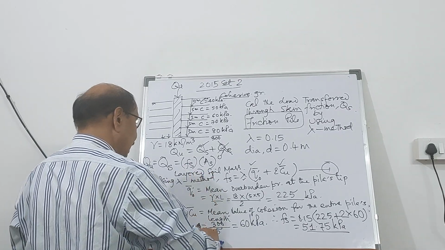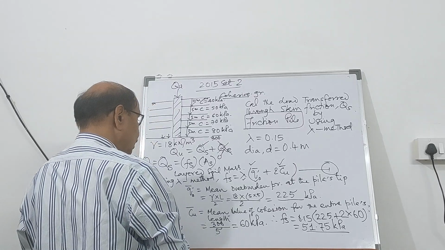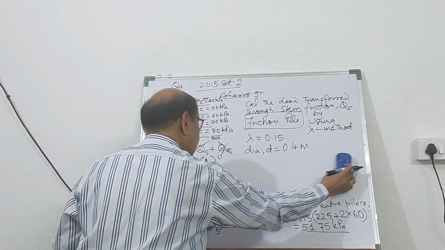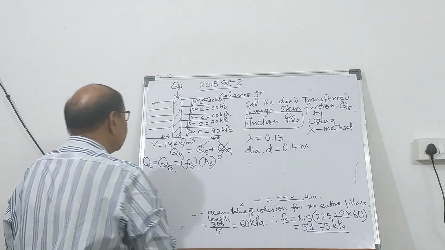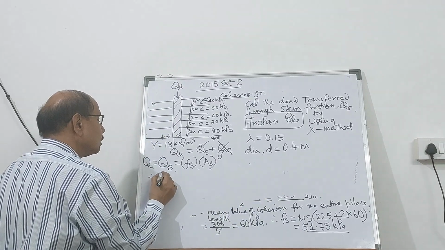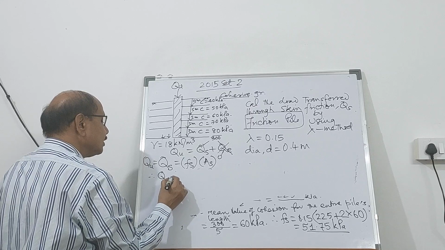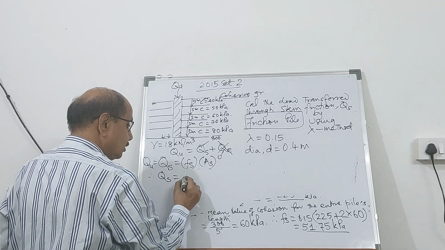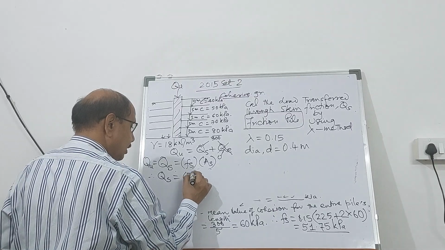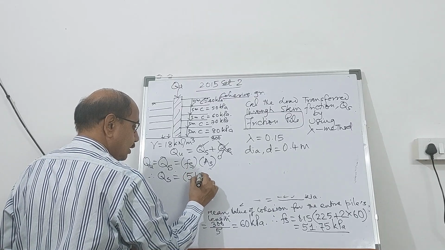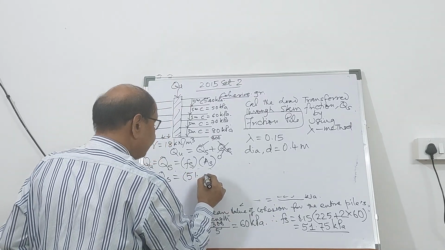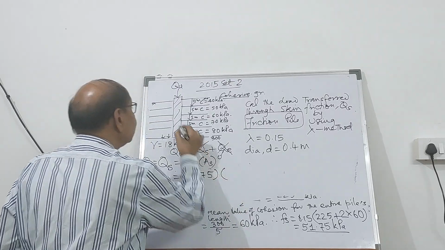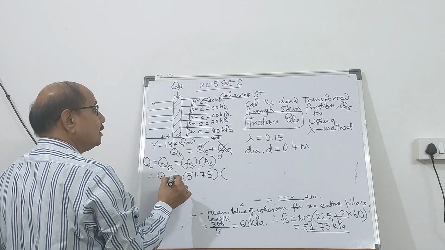Therefore, I can find out the value of... so here, the ultimate load carrying capacity, which is for a friction pile, is the load transferred through skin friction. It is going to be 51.75 multiplied by the shaft area of the pile.